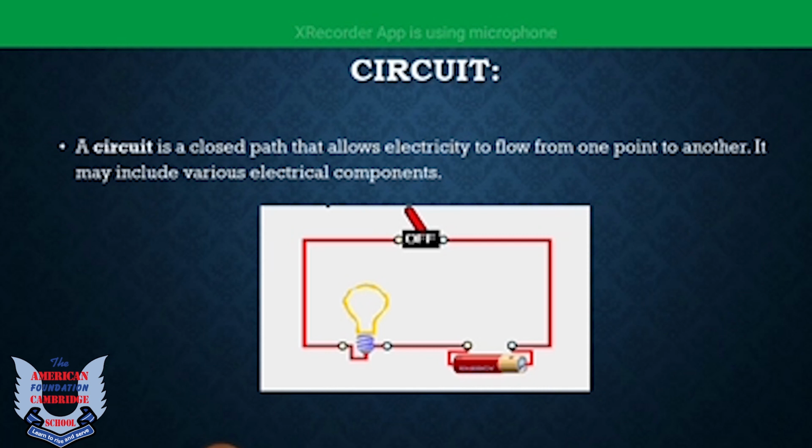So we can conclude that a circuit is a closed path that allows electricity to flow from one point to another. It may include various electrical components. Right now in the circuit, you can see that we have three components: an electrical bulb, a cell and the on-off switch button.